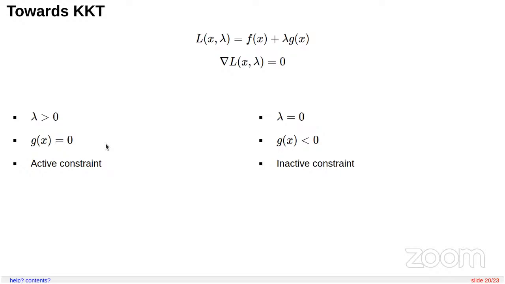Lambda times g of x is equal to 0. Exactly. So that is what we can conclude. In every case, one of them is 0. Either lambda is 0 or g of x is 0. So if you multiply the two, whether the constraint is active or inactive, we know that lambda times g of x is equal to 0.